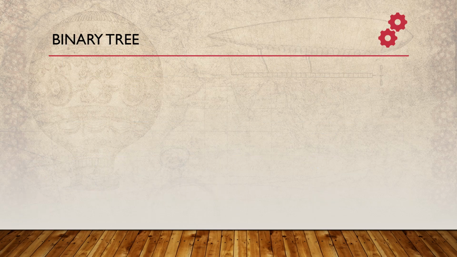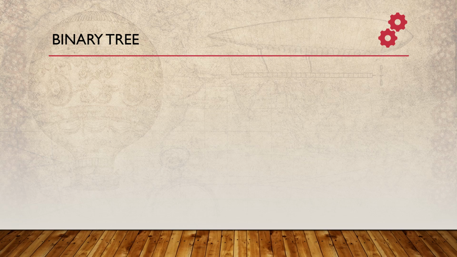Okay, next is the binary tree. Before I start with the example of the binary tree, I would like to explain what a binary tree is. In the buddy system, a binary tree is used to keep track of blocks of memory that have been allocated and deallocated.